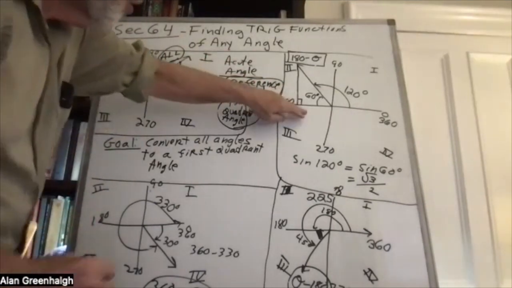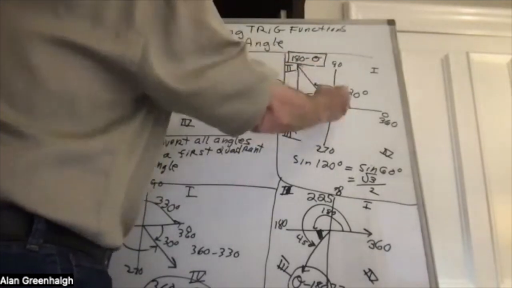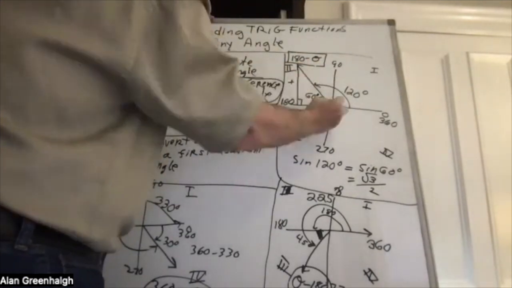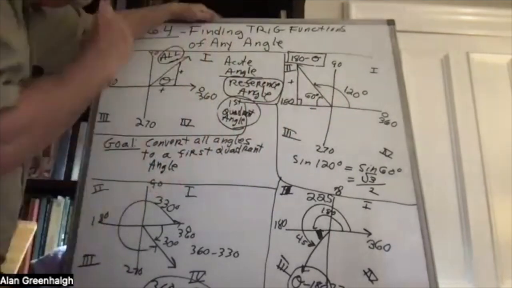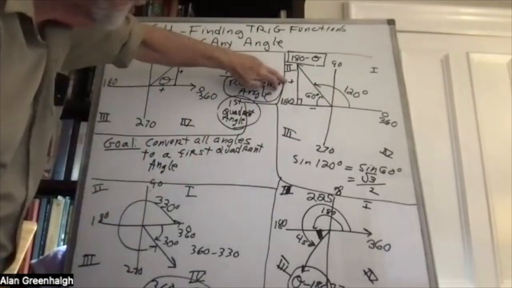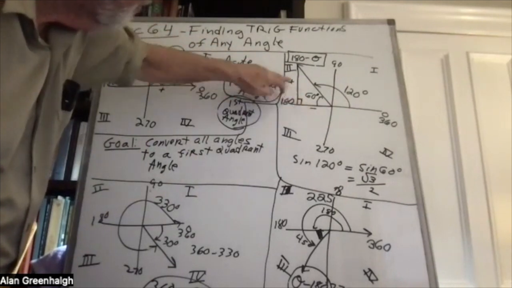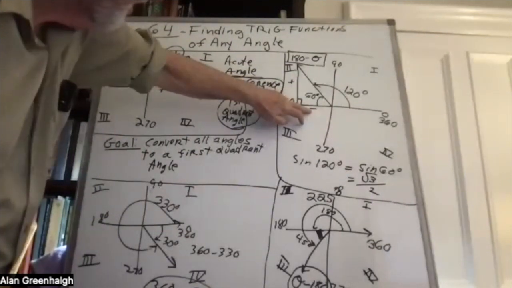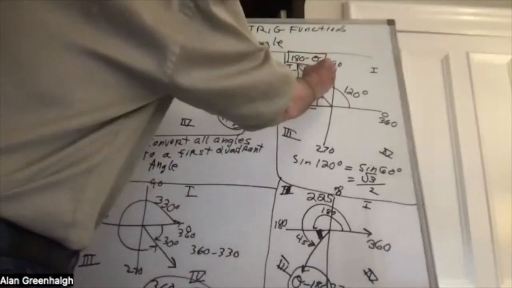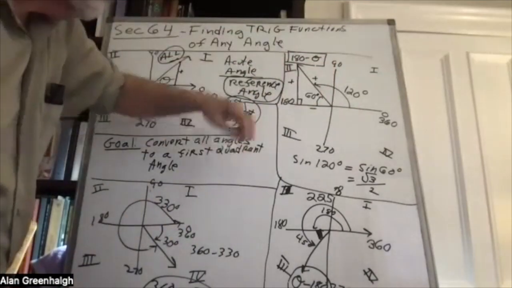In the second quadrant, well, the y part is going to be positive, but the x part is going to be negative. So tangent, which is opposite over adjacent, will be negative. Positive over negative is going to be negative. The hypotenuse is always positive, because you square it and all that.